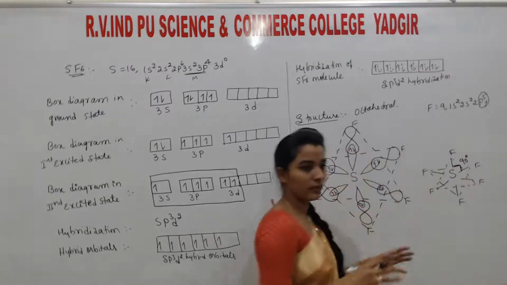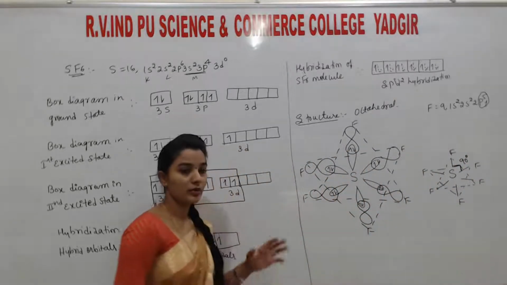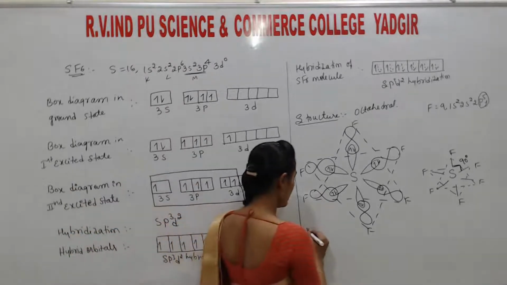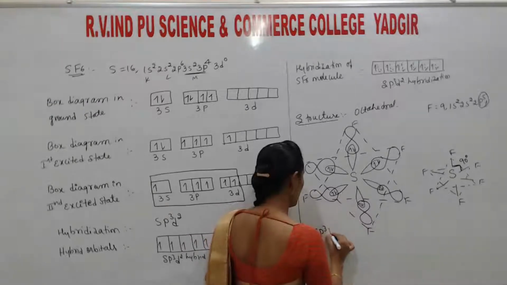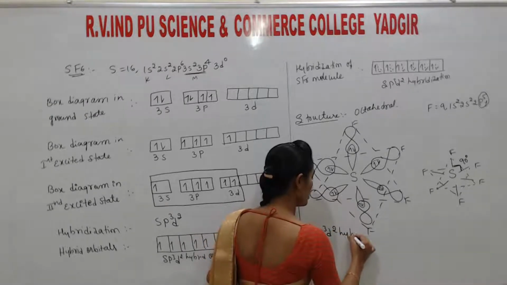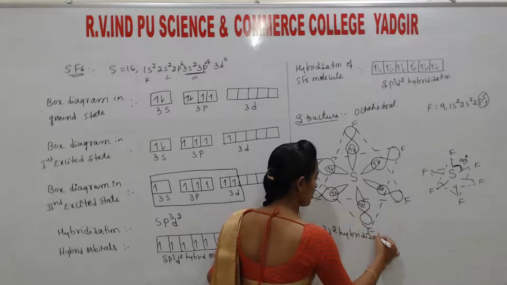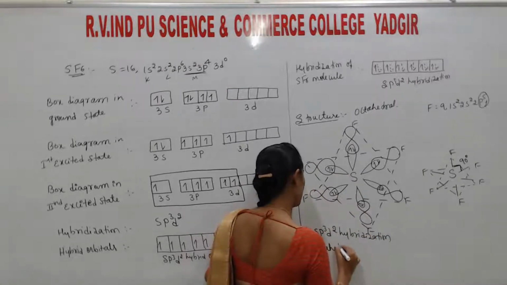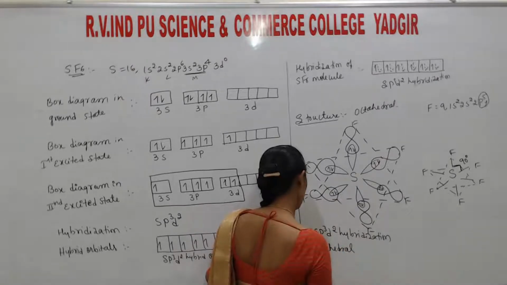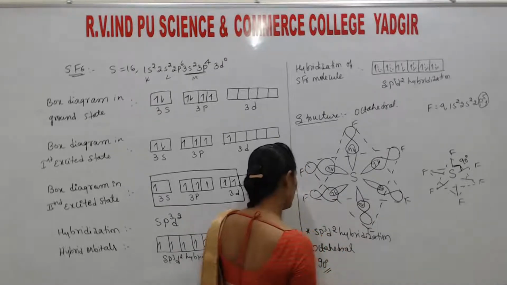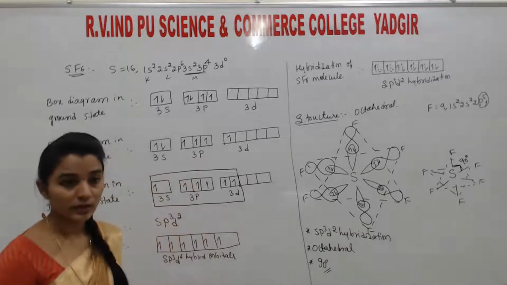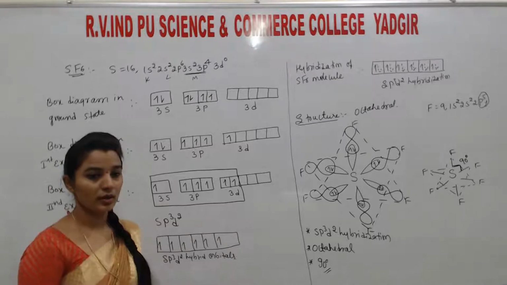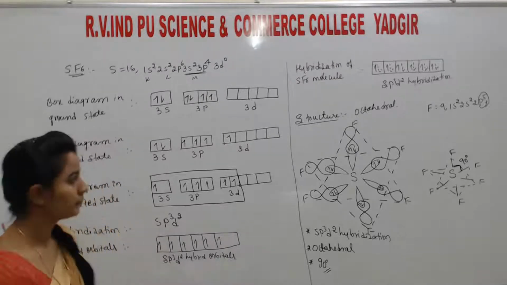In between each bond, the bond angle is 90 degree. So here you write the points: first point, sp3d2 hybridization. Second, octahedral structure. Third, bond angle is 90 degree. These are the points. This is the hybridization of SF6 molecule. Understood?